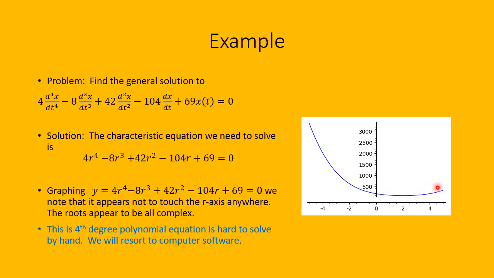If you graph this further, you'd find out that it just keeps going up and up and up. In that case, we know that this polynomial equation has 4 solutions, but none of them are real. If we had a real solution, we would see this graph crossing the horizontal axis at that number representing the real solution. So all of the solutions have to be complex in this case.